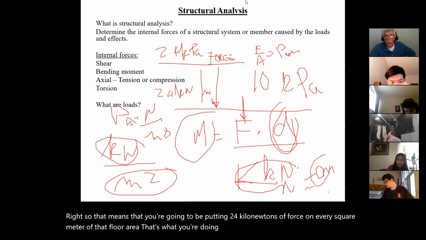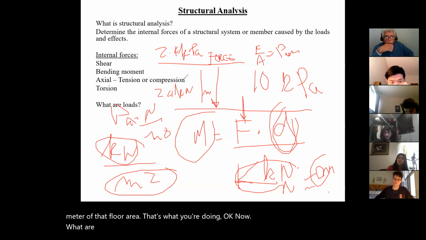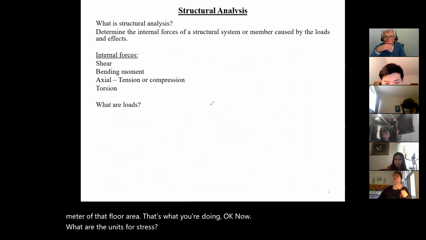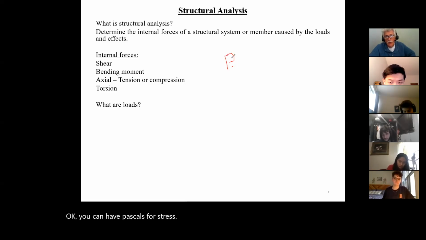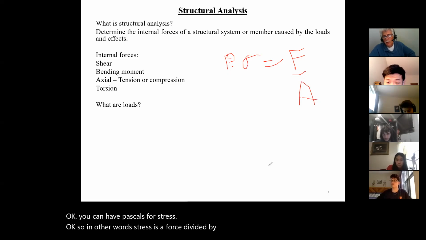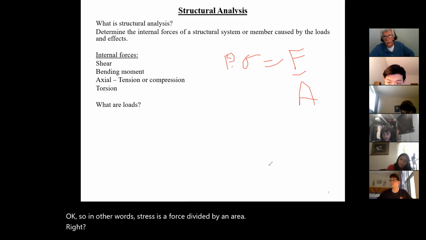Now, what are the units for stress? Pascal. Okay, you can have pascals for stress. So in other words, stress is a force divided by an area, right? That's a stress.